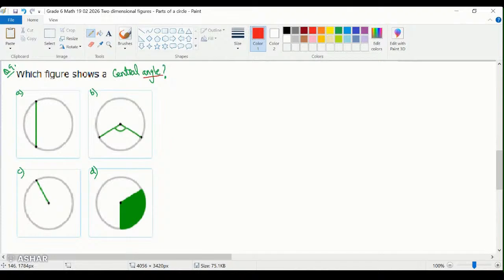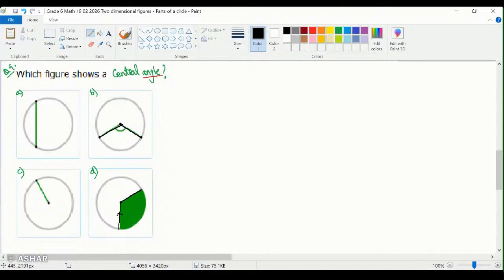In order to draw an angle, we need 2 lines. One line will have 180 degrees on it, right? It's a straight line. But in order to have an angle, we need to have 2 lines. Agreed? In shape B, there are 2 lines, and shape D also has 2 lines.